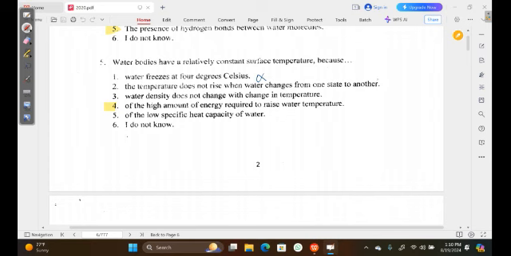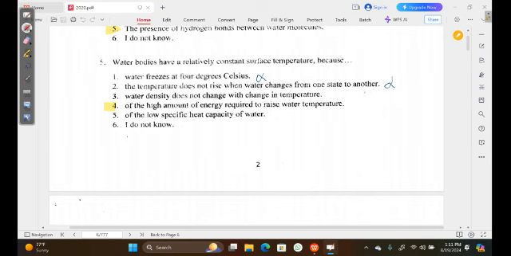So, when we look at the states of water, we have liquid state, solid state, and gaseous state. As you look at those 3, what you realize is that the temperature actually has to change. That's why we have the freezing point, the melting point, and so on. So this option is equally wrong.